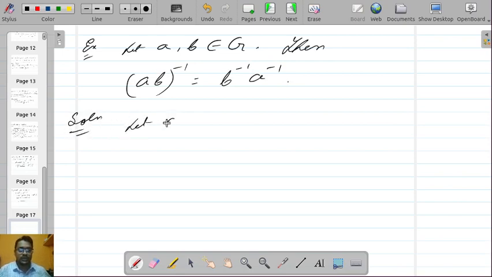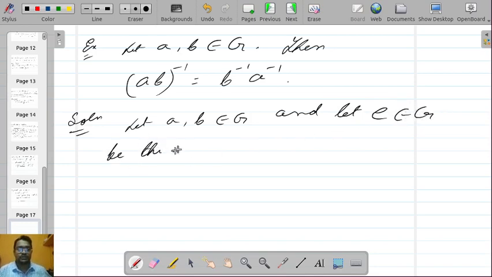So let a, b belong to G, and we have to take one identity element. Let e belong to G be the identity. Right, so I have to show that the inverse of this ab or a star b is b inverse a inverse. Okay, so how do I show that?